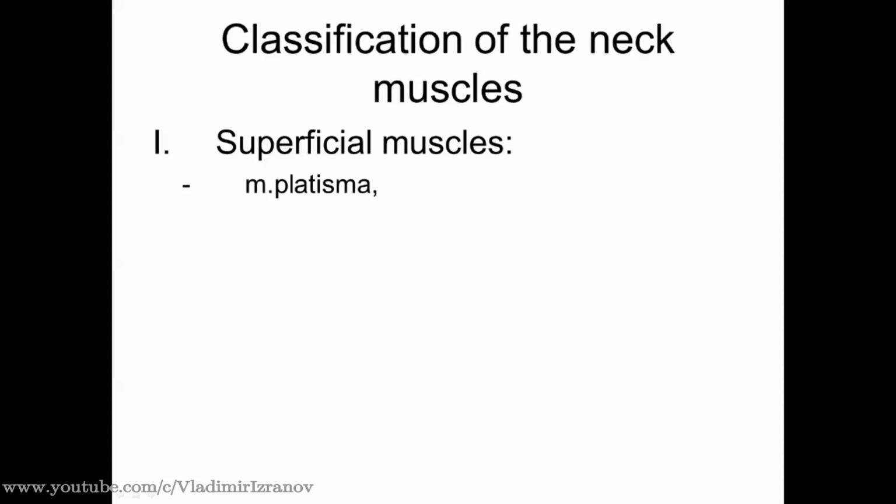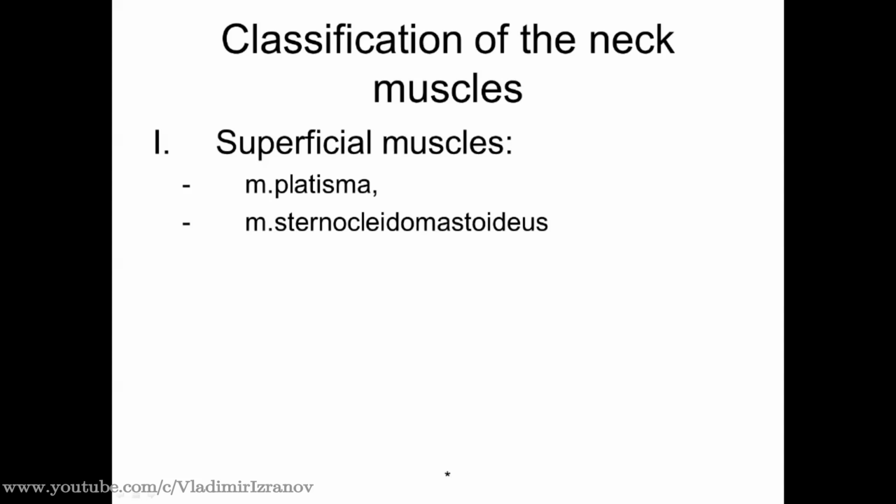In this group, two muscles: musculus platysma and musculus sternocleidomastoideus. It's an example of your conspect. This way, you should prepare your conspect, and I will check it during our practice.